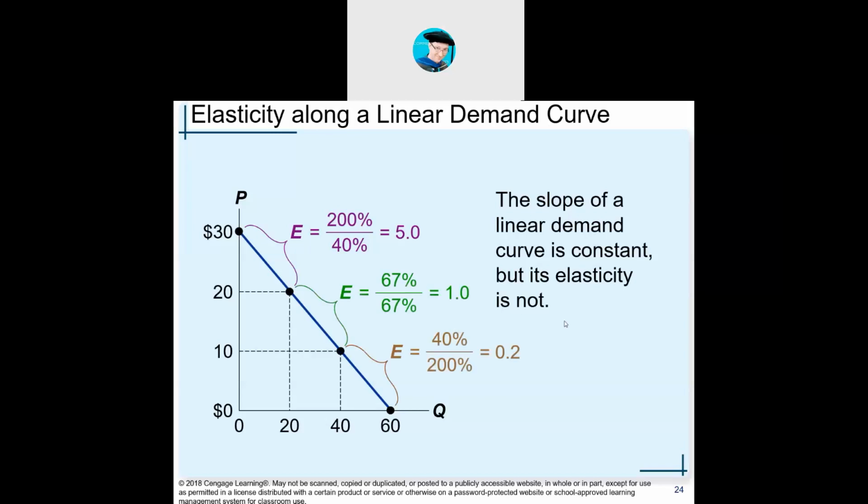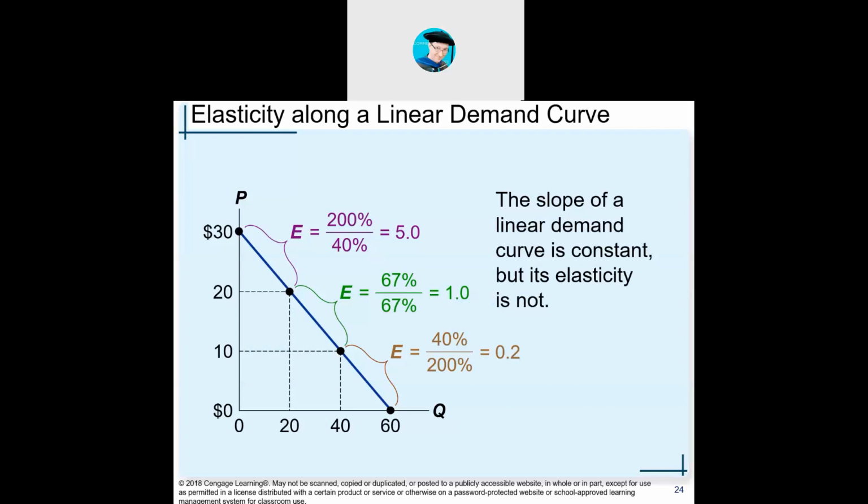Here's a couple of price point changes and quantity changes. From $30 to $20, 30 minus 20, divided by the average, 20, gives the percent change, divided by 40%, gets us 5. 5 is very high on the elasticity scale, so it's very elastic. 67% divided by 67% equals 1.